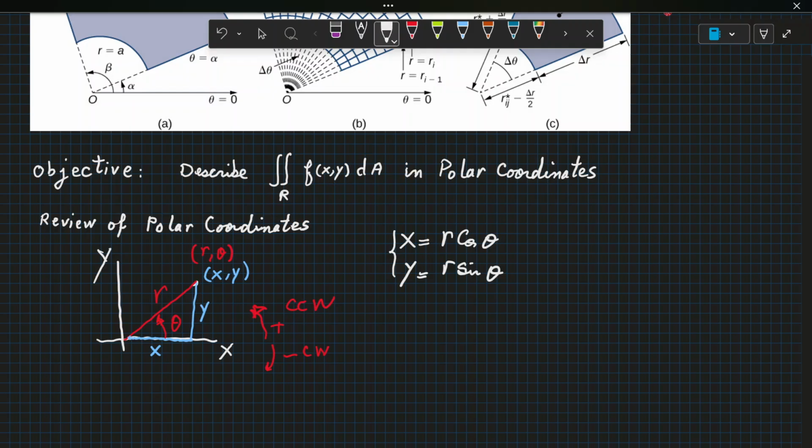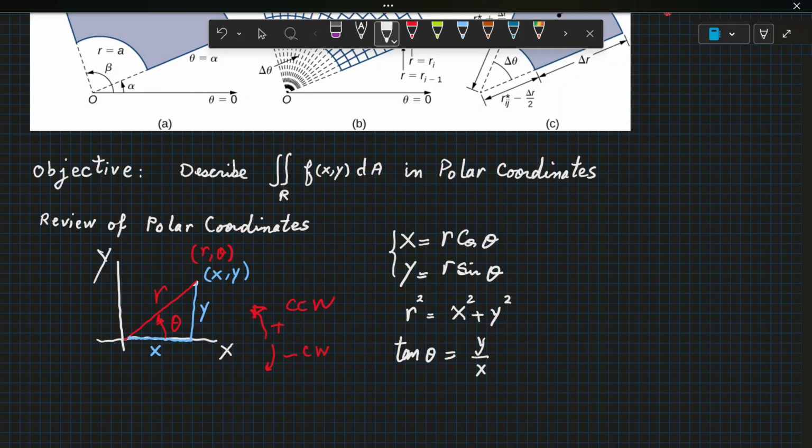polar to Cartesian. Going the other way, we have a bit more complicated formulas. We have r squared is equal to x squared plus y squared. We can take the square root, and r can be positive or negative. And if I take a ratio of these two formulas that I had, then I'll have tangent of theta is equal to y over x.